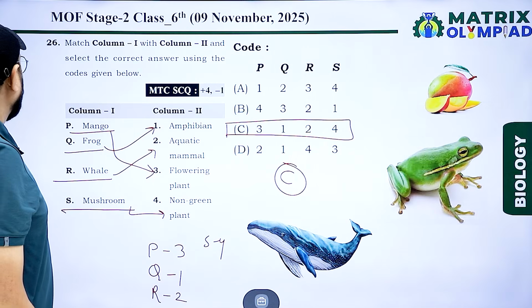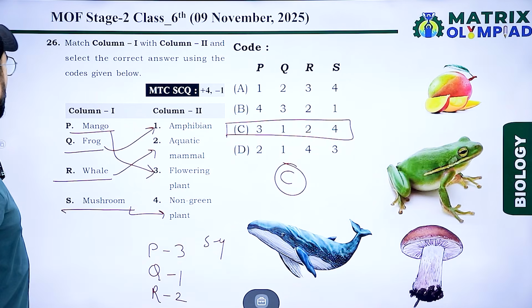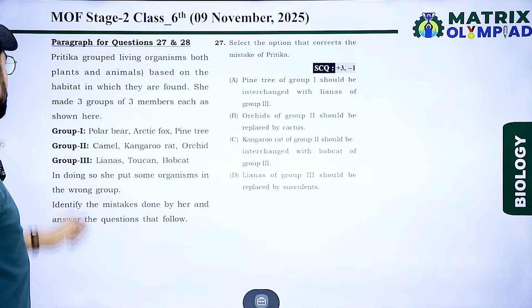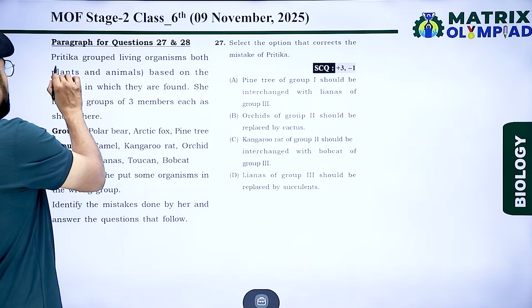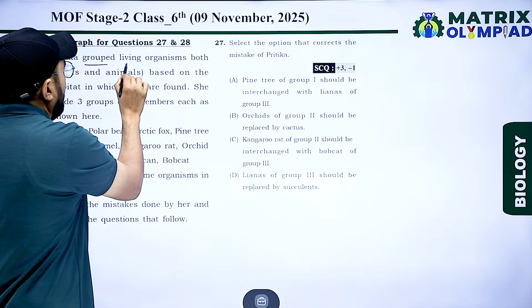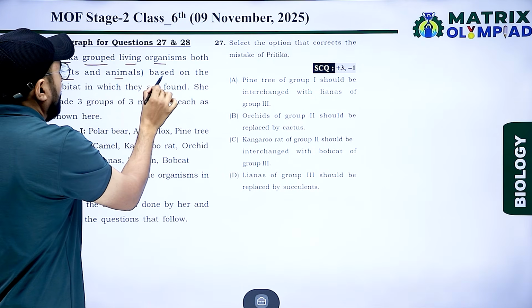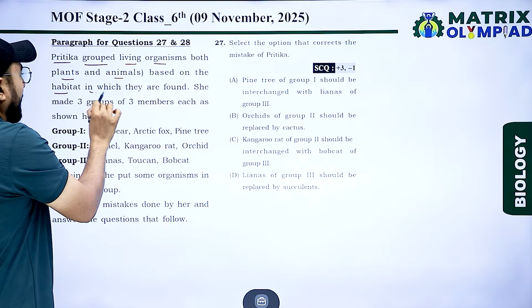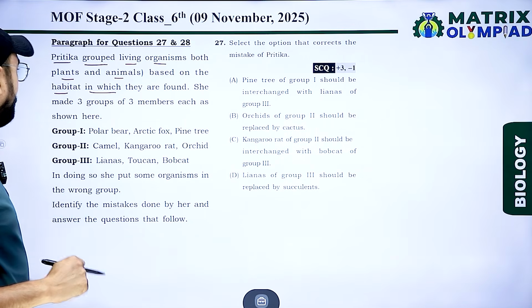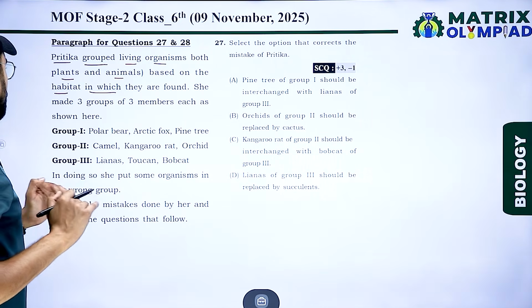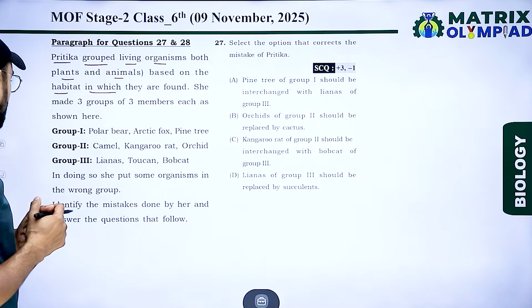Next, this is mushroom. Next, paragraph question. Pritika grouped living organisms, both plant and animal, based on the habitat in which they are found. She made 3 groups of 3 members each, as shown here, first, second and third.